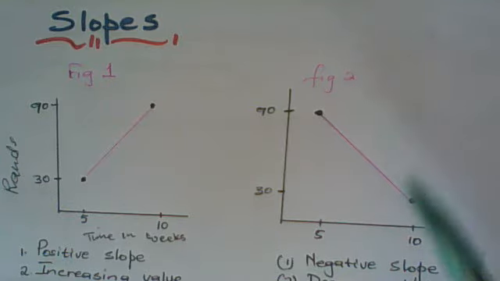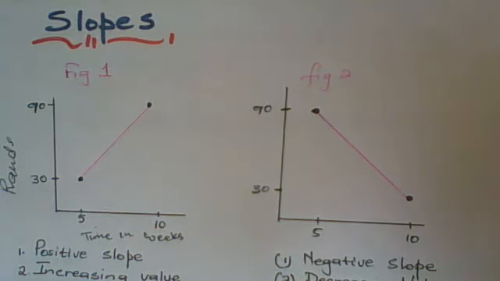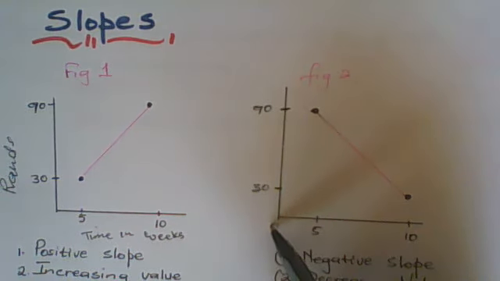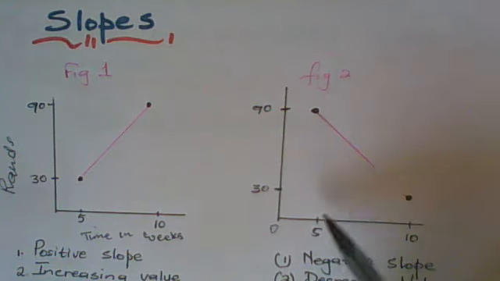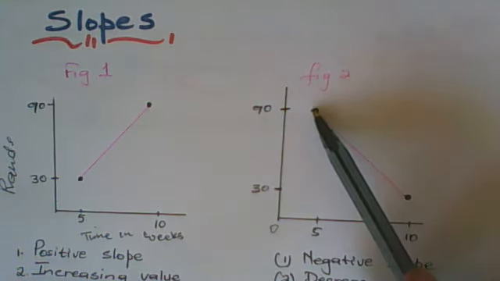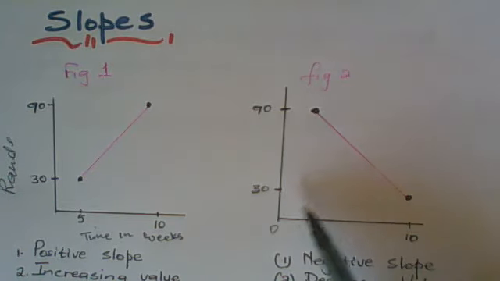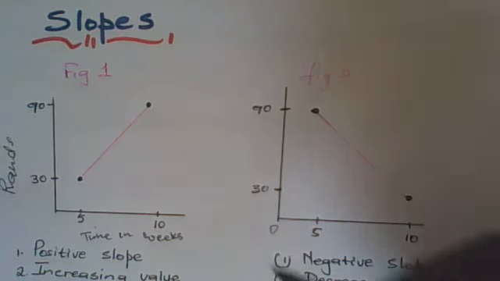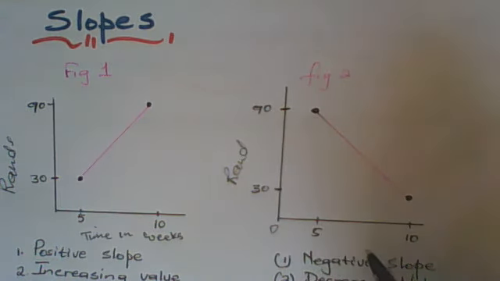Now by looking at the second figure, we normally move from 0 upwards. This is the 0 position, then this is 5. The first point is at 90, and the second point is at 10, which is 30. Suppose that is the value in rands, and here is also time in weeks.